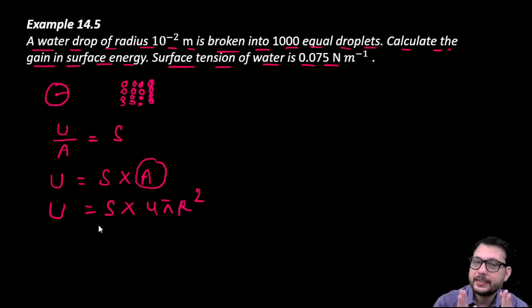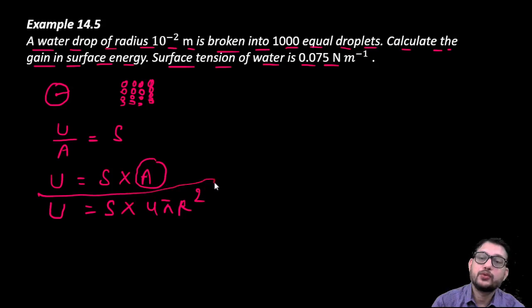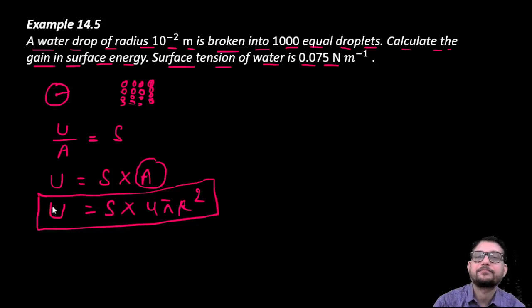Now this thing is clear to all of you. This is the basic formula which we are going to use to solve this question. It is given that the capital R, the radius of the big drop, is 10 to the power minus 2 meter, and we don't know the radius of the smaller drop.